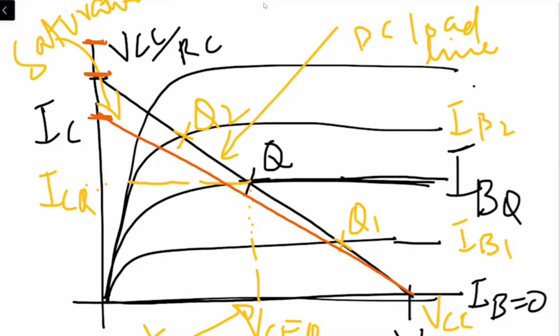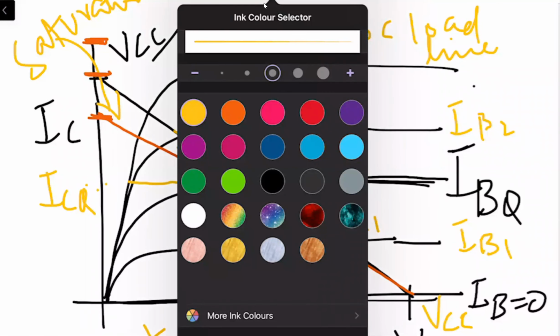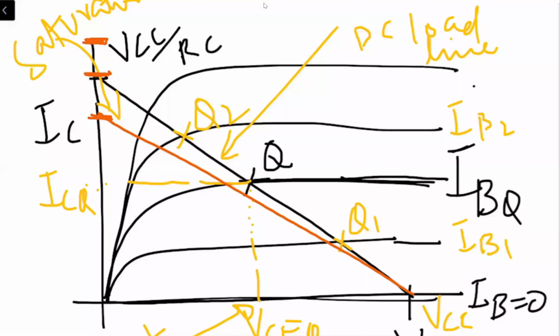Now, if the value of RC decreases, we will have this point over here, and the load line will now be this one. So with the variation in RC, the load line slope will also vary.